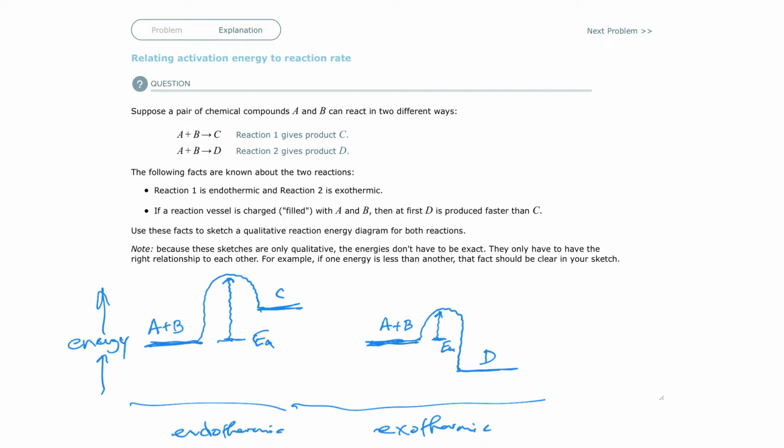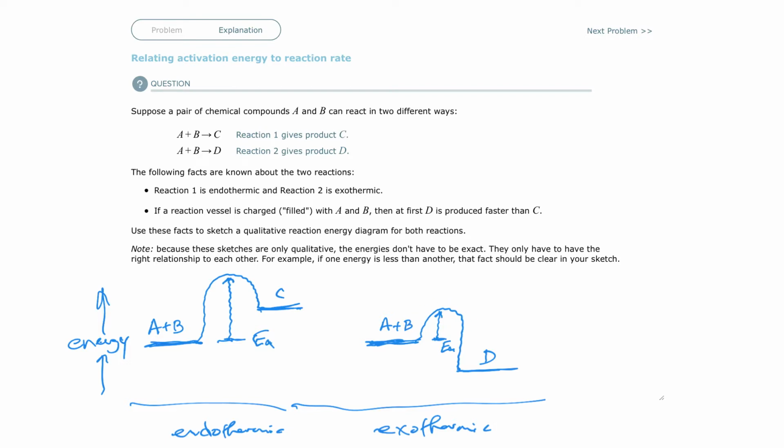So making D faster than C makes perfect sense energy wise, because the energy it takes to overcome this barrier from this side to this side is very low. To go from here to here is higher, and so it's less likely to make C than D. You're going to be more likely to make D than C. Okay, so that's an energy diagram and rate, because it would make D faster because there's less energy required to do it.